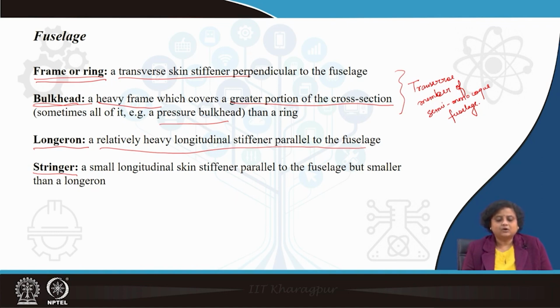They are parallel to the fuselage but much smaller than the longeron. So, these two are the longitudinal members of a semi-monocoque fuselage.